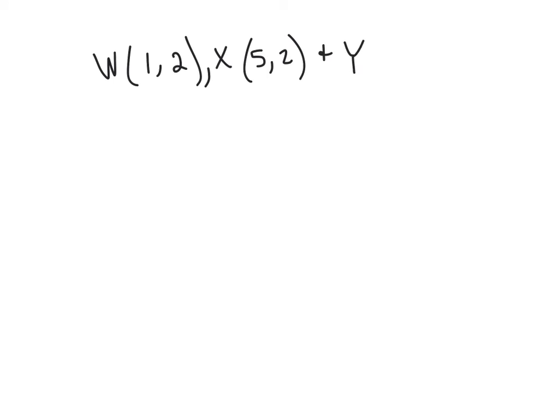Okay, I have a new one. We're going to do it on a coordinate plane. So I have point W at (1, 2), point X at (5, 2), and point Y are collinear.